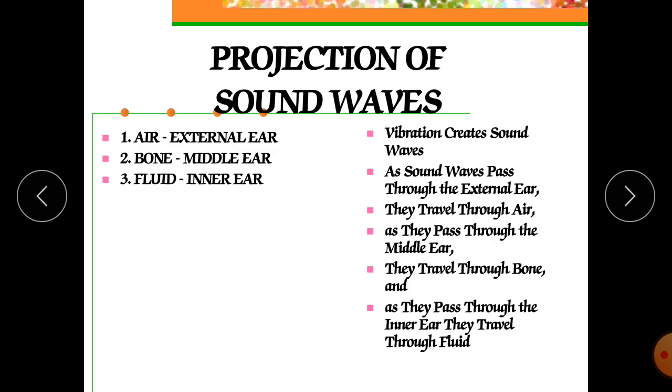The pressure waves travel through the perilymph of the scala vestibuli, then through the vestibular membrane, and then move into the endolymph inside the cochlear duct.